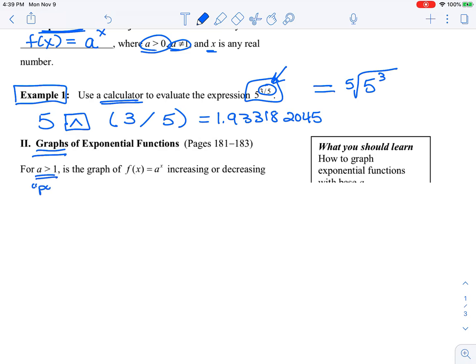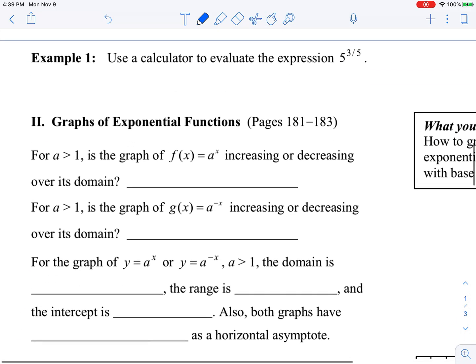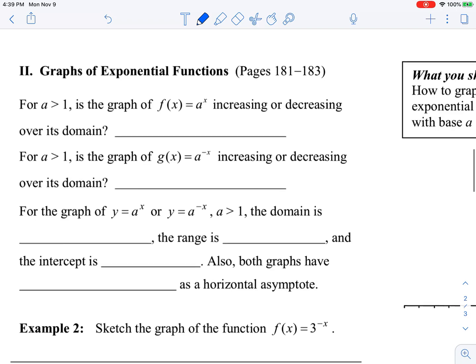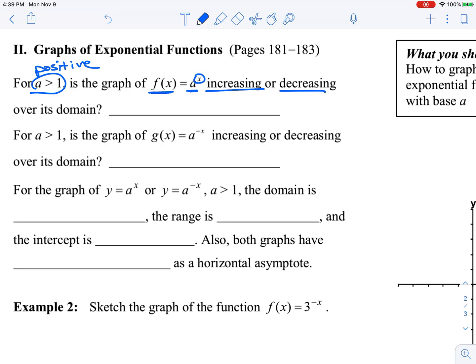For a greater than 1, aka positive, is the graph of f of x equals a to the x increasing or decreasing over its domain?